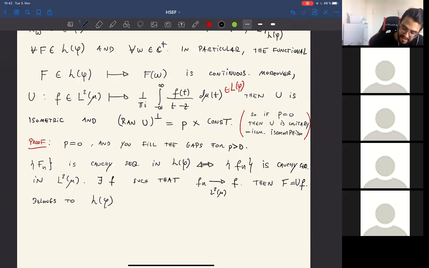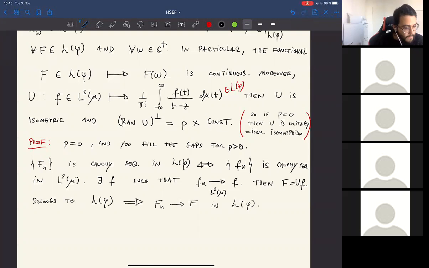Then by the equality of the norms, by U being isometric, this implies that F_n converges to F in L phi. Okay, so that shows that the space is complete. It's almost like just using the definition.